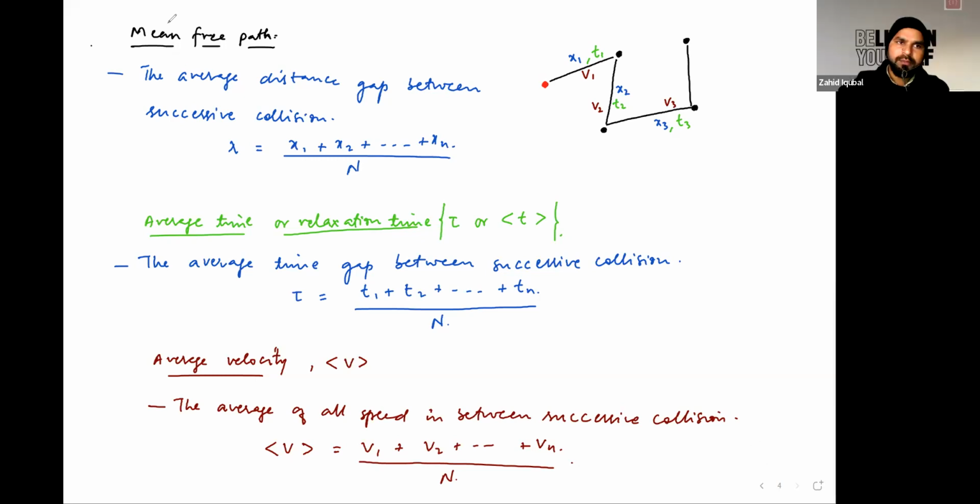Now we have to calculate mean free path related to this entire term. So how to calculate mean free path? Suppose this is one of the gaseous particles we are assuming which is in motion. The rest of the term will be constant.